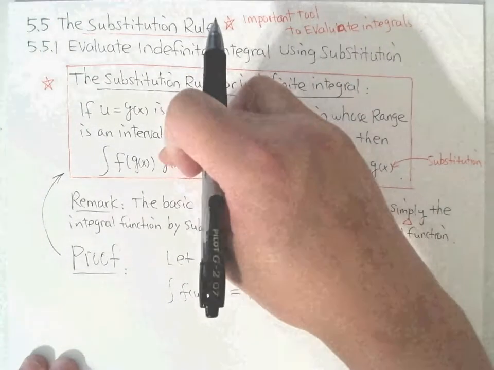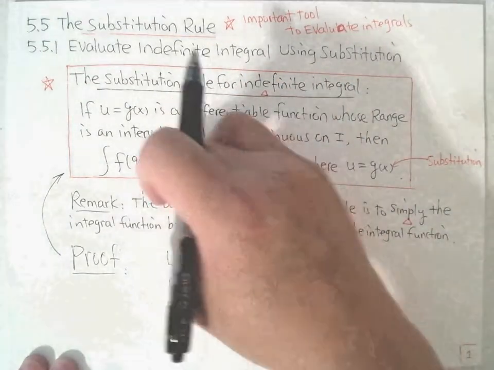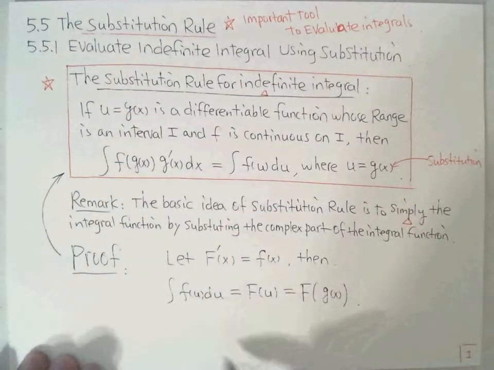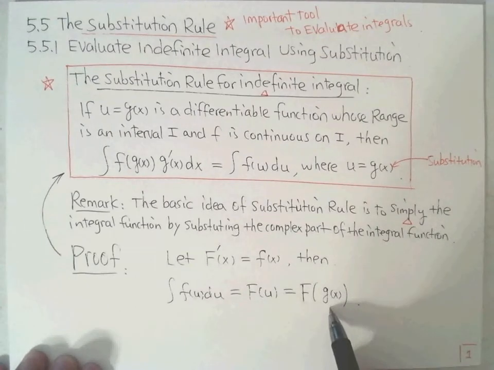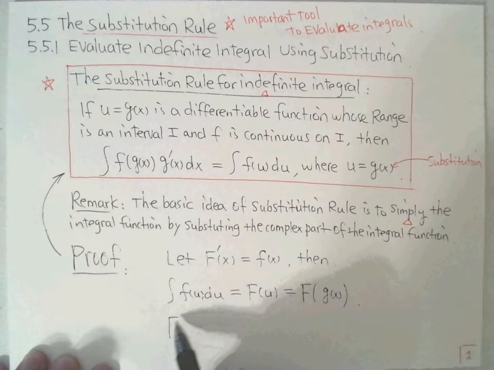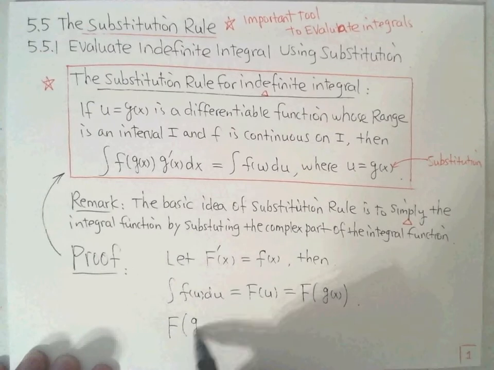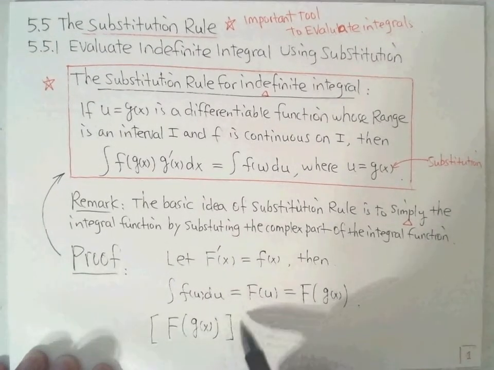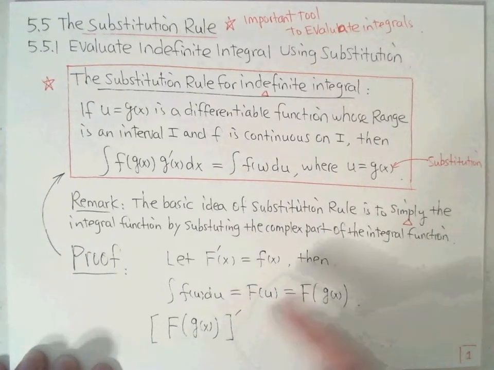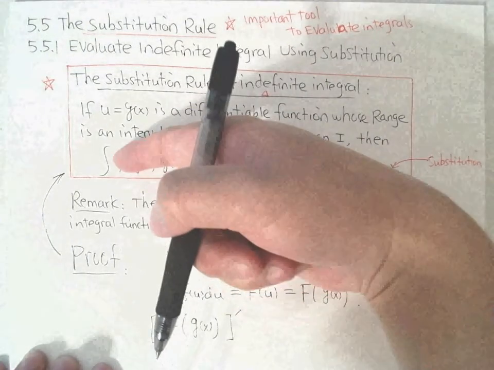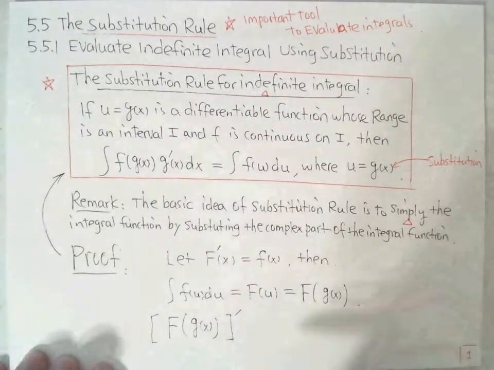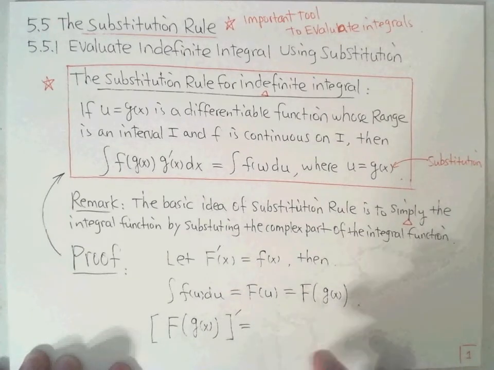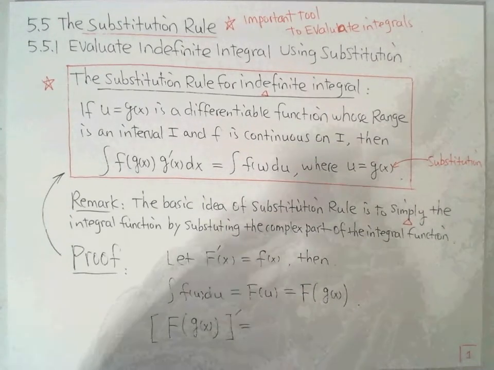That means taking a derivative of this goes to the integrand. I am going to take a derivative of the right side. Here is the derivative. This is a bigger composite function. If I take a derivative, exactly these complicated functions come out. Everyone knows this is the chain rule, right?